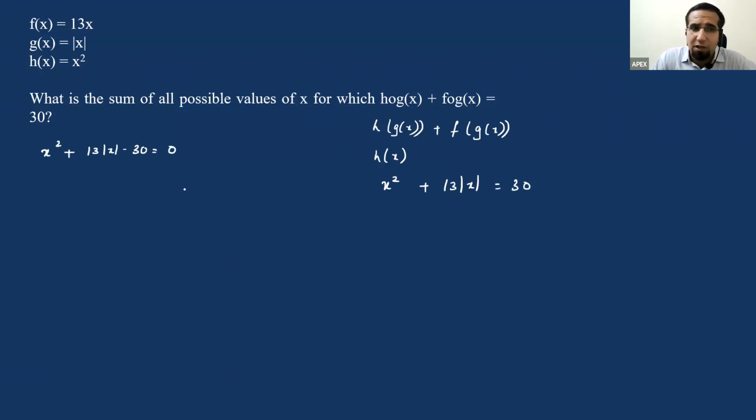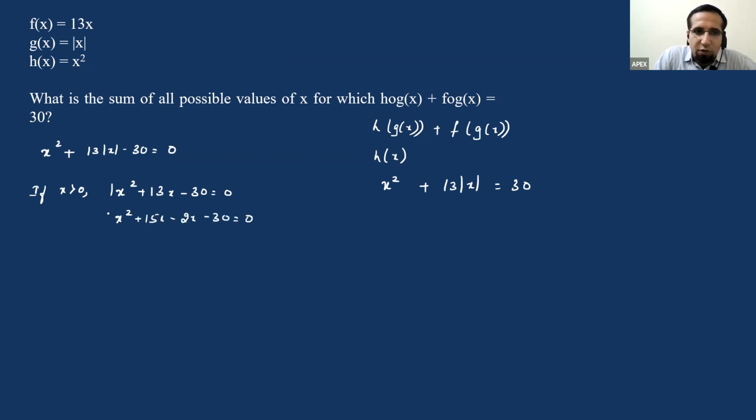And we have seen modulus in the class. Pretty simple game. If x is greater than 0, then we just replace the modulus sign with a bracket here. No change in the mathematical operators. So this becomes x square plus 13x minus 30 is equal to 0, which will give us what, guys? So if the coefficient of x square is 1, we are assuming our two numbers as plus 15x and minus 2x.